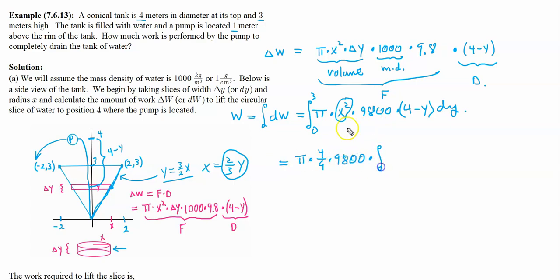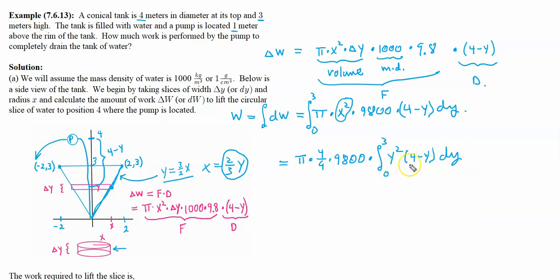And then we have the integral of y squared, right? This is going to be a y squared, right? When I square, put this in place of the x, I'm going to have a y squared times 4 minus y dy, and we're integrating from 0 to 3.